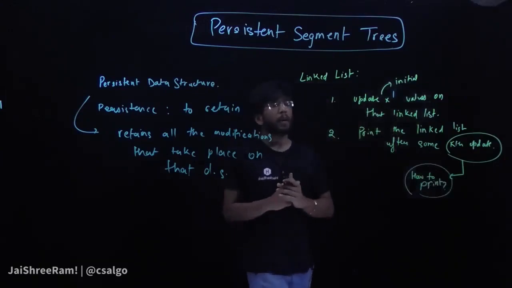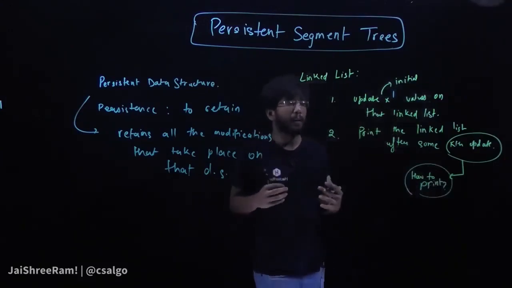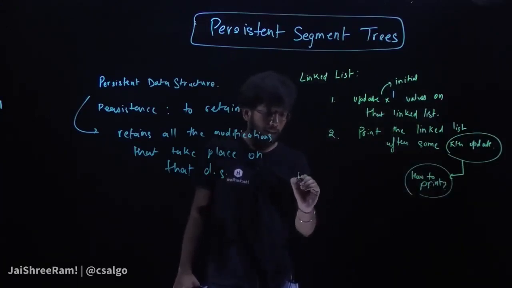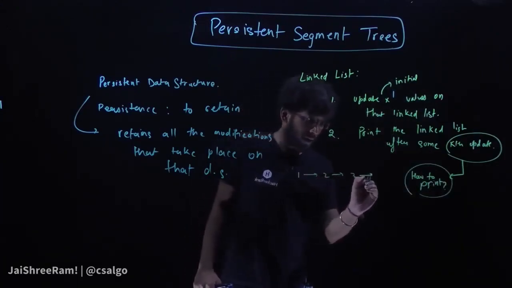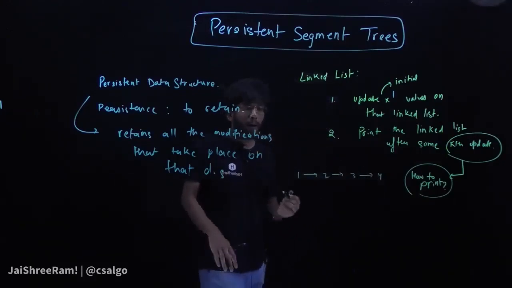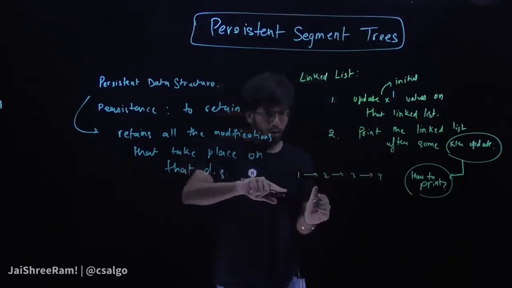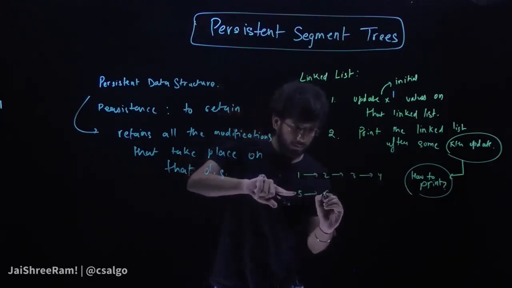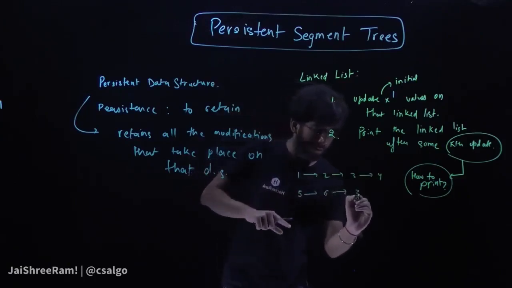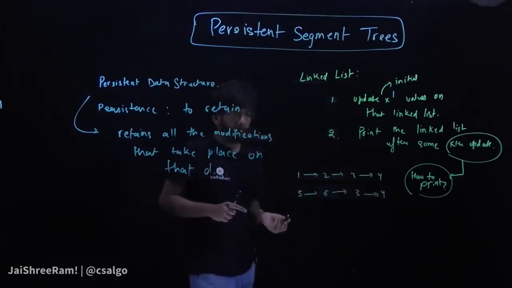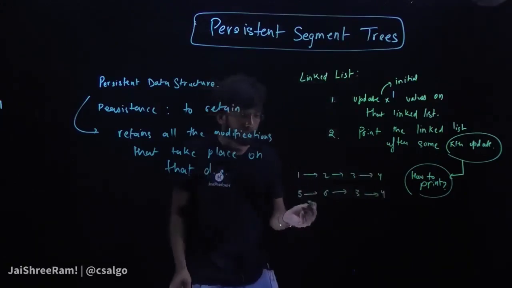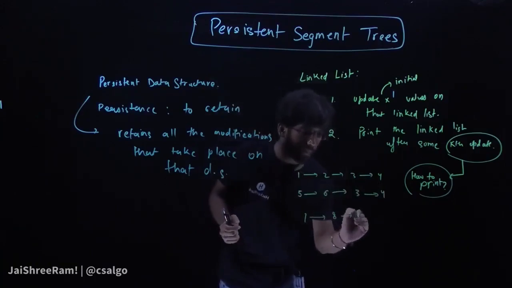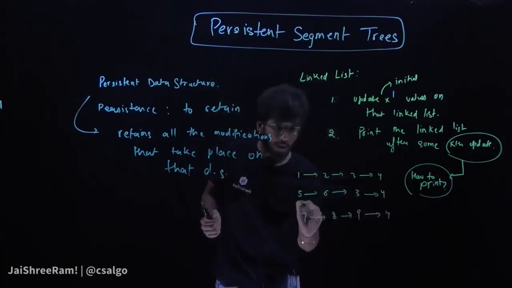In this case, we cannot update the X values as they come in because, for example, if we have some linked list like this and now I update the first two values to some new numbers, let's suppose 5, 6. So my new linked list looks like this. And now if I update the first three numbers to some new numbers that are 7, 8, 9 respectively, then this is how my new linked list looks.